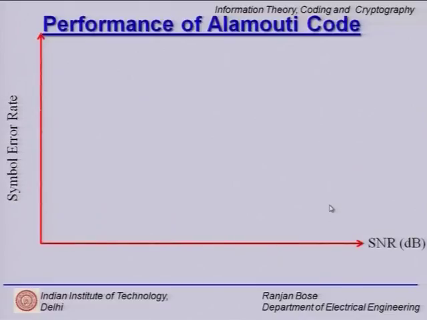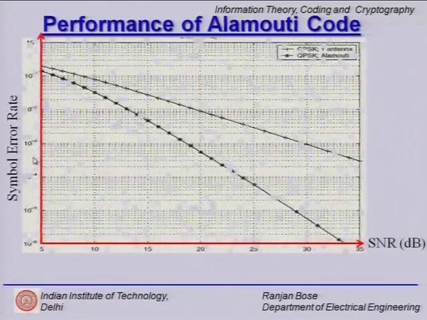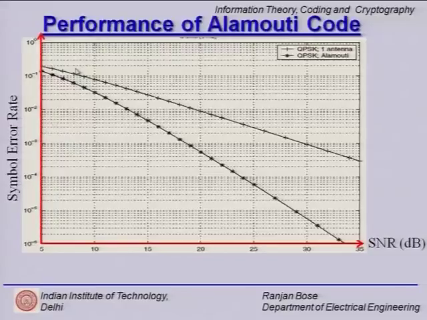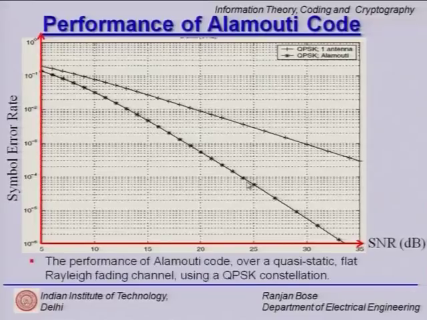On the x axis we are going to plot SNR, on the y axis we will plot the symbol error rate. If you do so, the top curve is the single transmit antenna and single receive antenna case. The second curve is the Alamouti scheme, both employing the QPSK constellation.